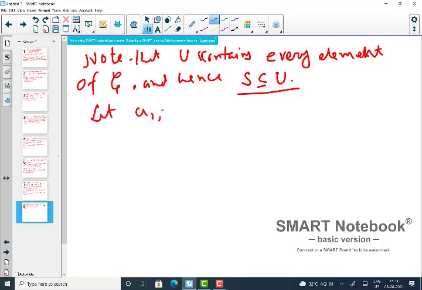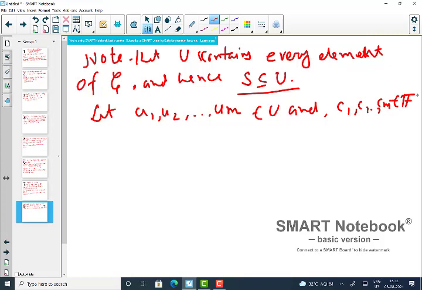So let R be a finite collection, some u1, u2, ..., um belonging to U, and constants c1, c2, ..., cm. These are constants inside the scalar field F of the vector space.